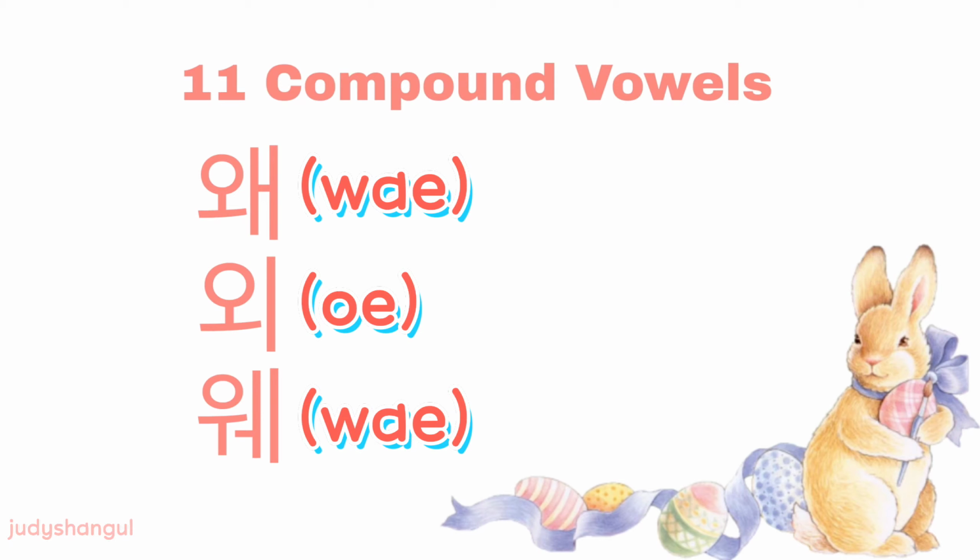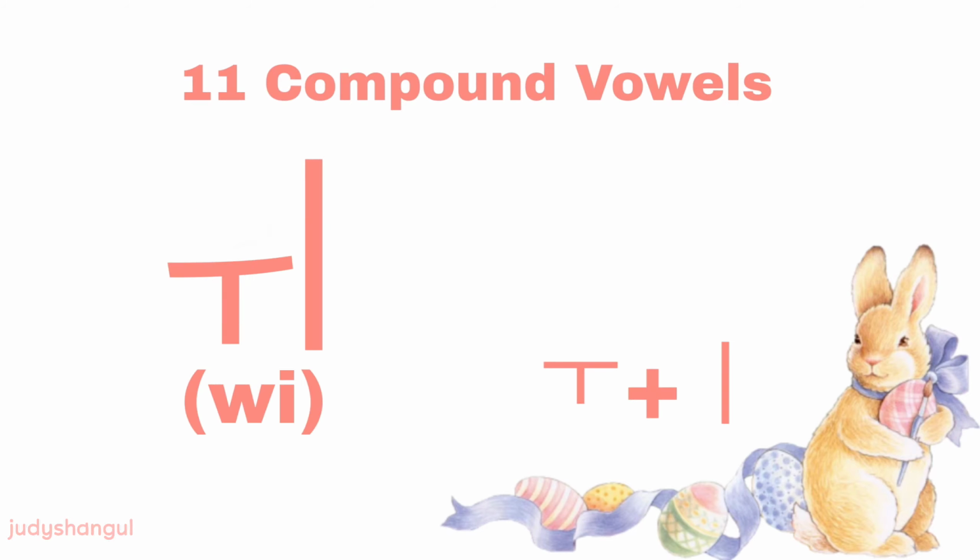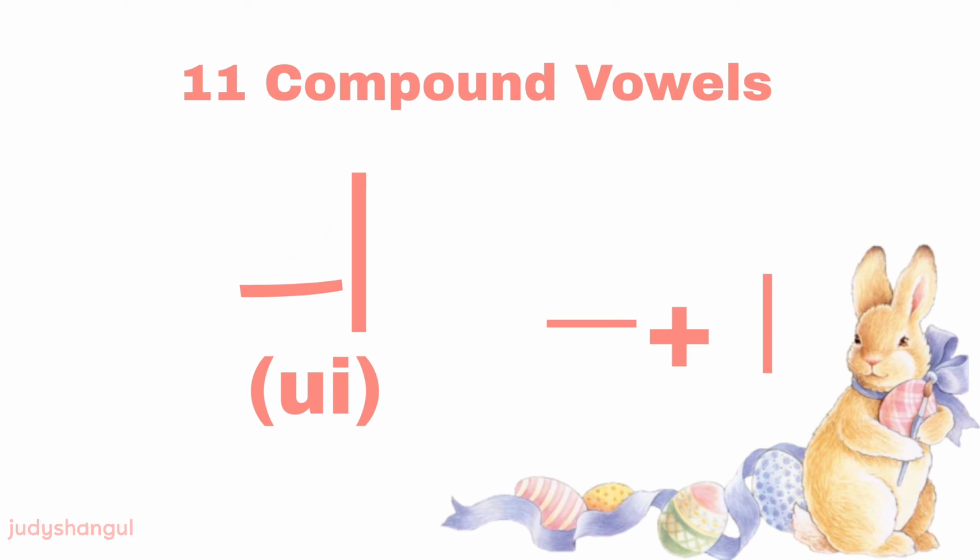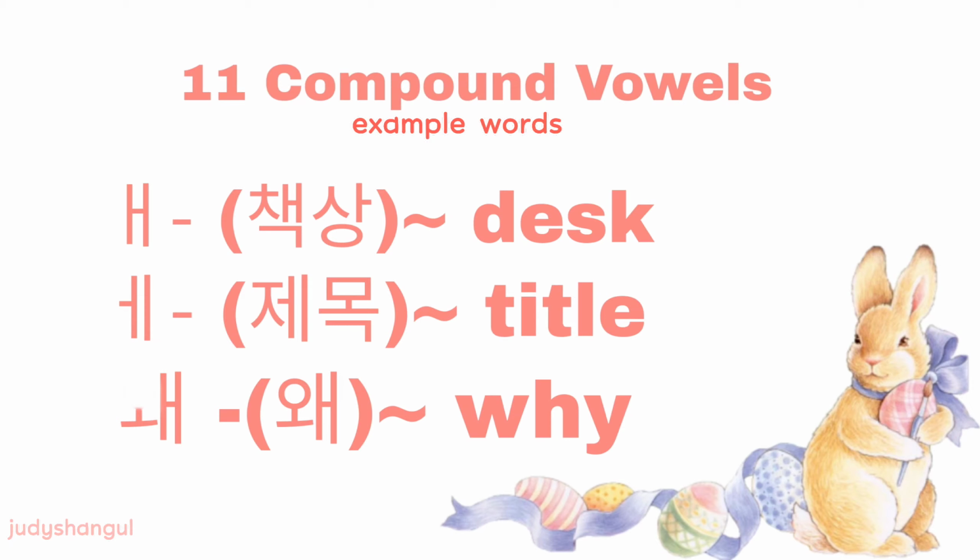Although their pronunciation is slightly different, no difference is made in real conversation. We. U. I. 책상, desk, 제목, title. 왜, why.